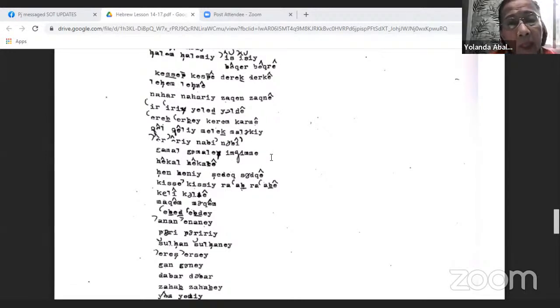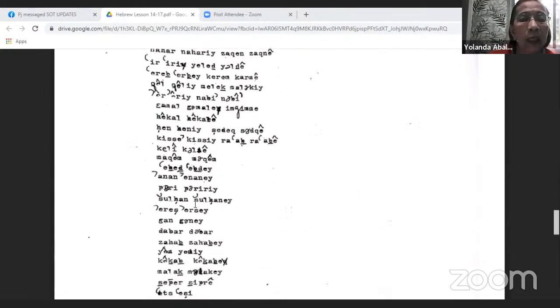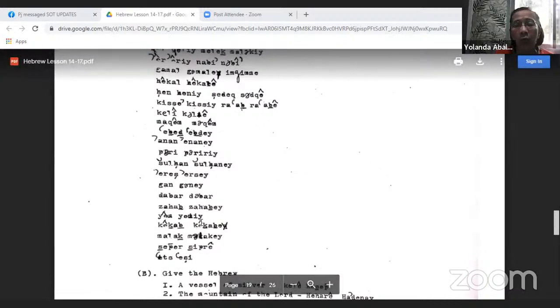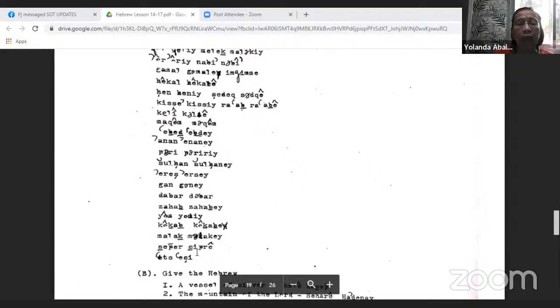a engimi, hikal into hikali, ken into keni, chedek into chedki, kesi into kesi, raa into raabi, kele into clay, makom into mekom, ebed into ebdi, anan into enani, pere into pereri, shulkan into shulkani, eretz into erchi, gan into geni, dabar into dibar, sahab into zahabi, yom into yomi, kokab into kokabi, malak into malke, shepherd into shepre, etch into itchi.